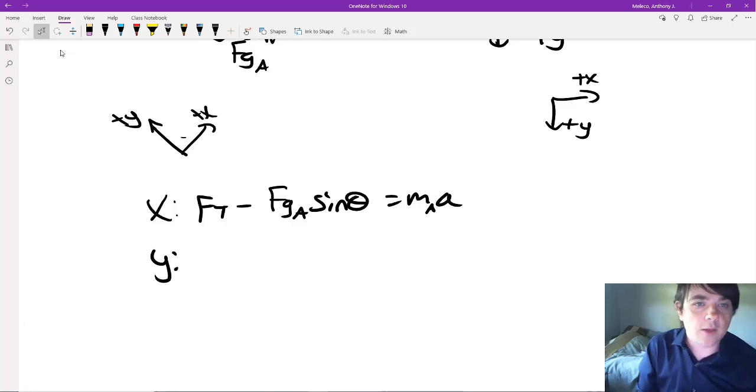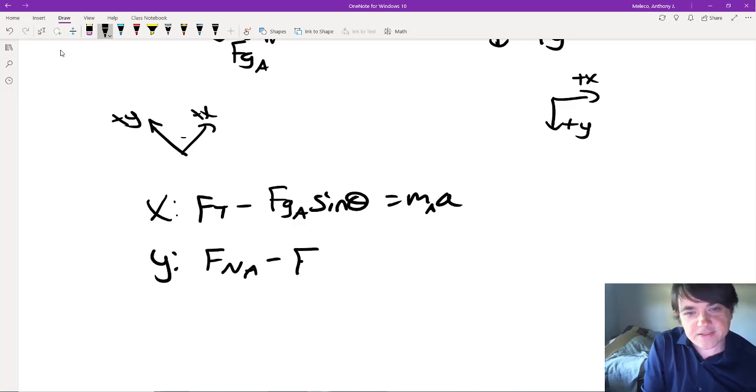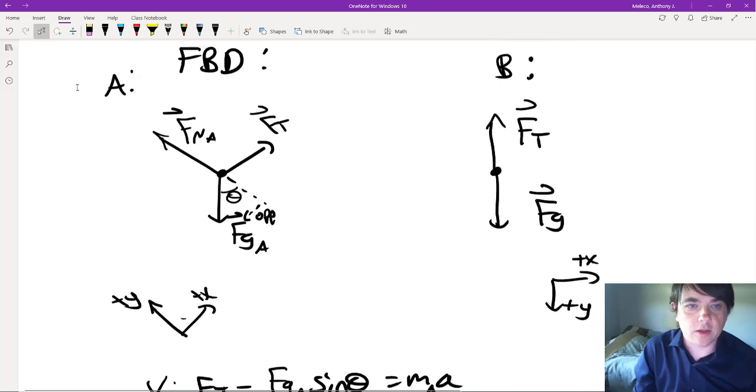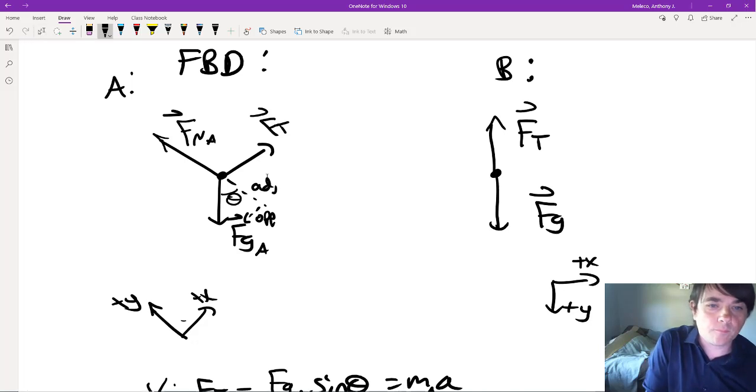So in the y, we have F_NA minus F_GA cosine of theta, and it's not accelerating through the incline. So F_NA minus the adjacent side right here.